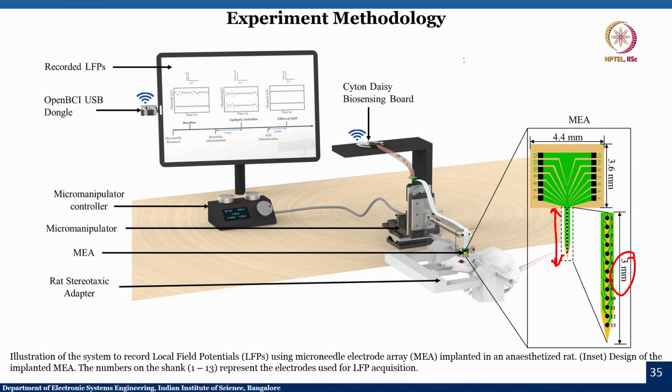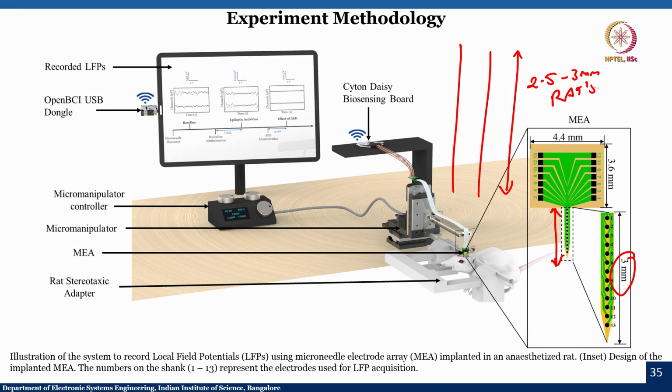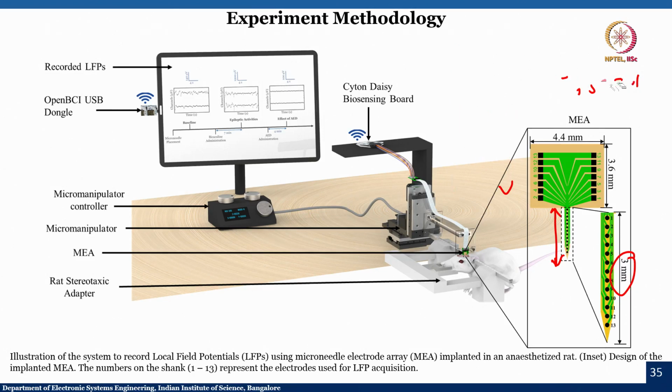Because most of the time the length of the cortical column is 2.5 to 3 millimeter in the rat's brain, and that is why we have the length of this needle as 3 millimeter.